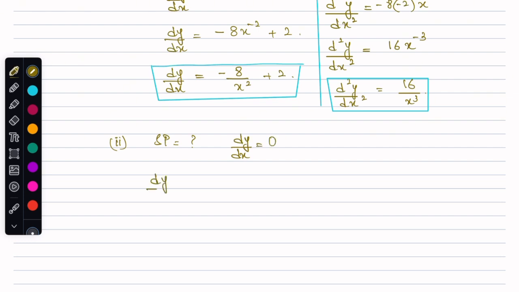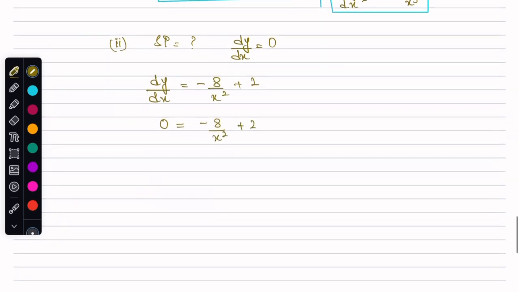I have the first differential equation, which was -8 over x² + 2. Here, the first differential is 0, so it's going to be -8/x² + 2 = 0. I can bring the -8/x² to the other side, making it positive, and then I can say that equals 2.